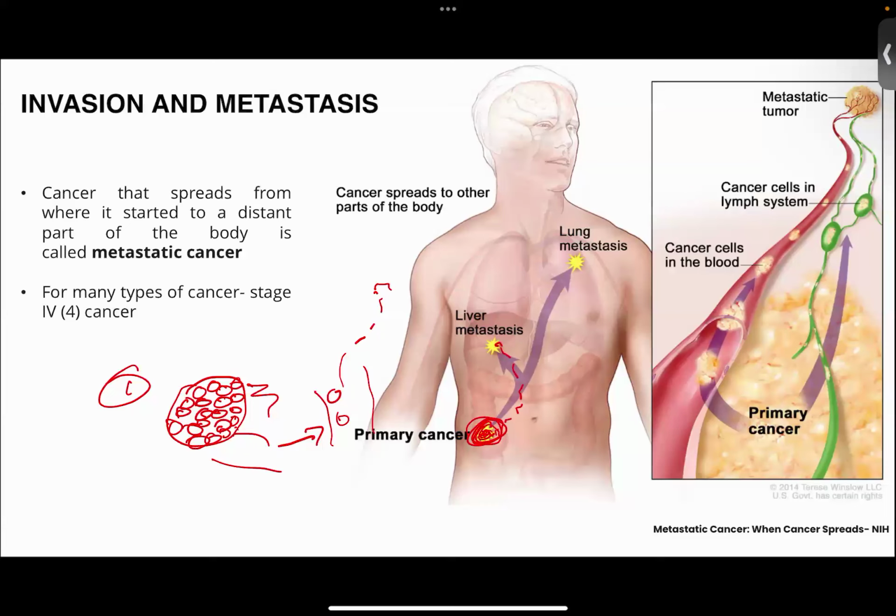It will go and spread to the liver, it will go and spread to the lungs. That is one process. Or second, through the lymphatic system, through the lymph nodes. First the lymph node gets affected, then the next lymph nodes, and then it will go to the next organs. This is how metastasis happens.